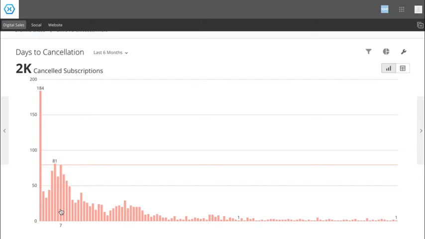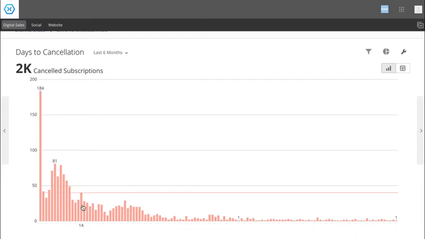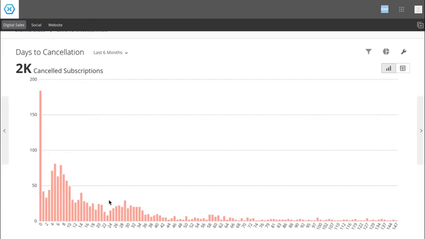Maybe we can send some more educational content, something that would foster loyalty around this time frame, and put it into a nurturing campaign that we have set up for existing clients. Just start to test these things out to see if we can bring down this average. So we see spikes there. We want to see, well, why at the 2-week point?